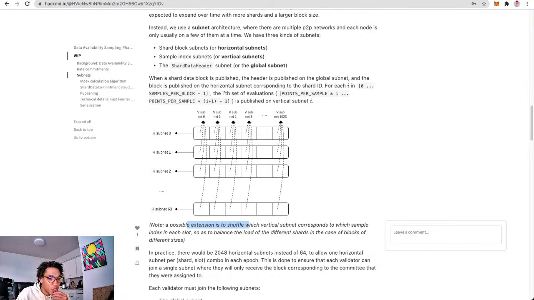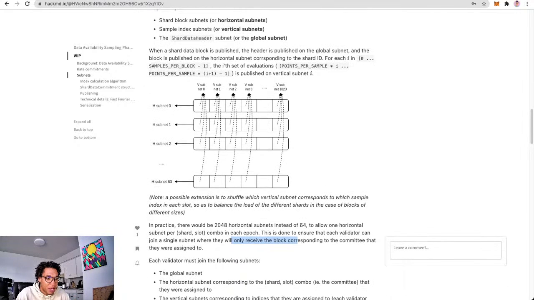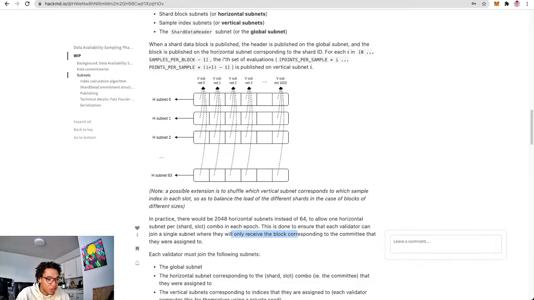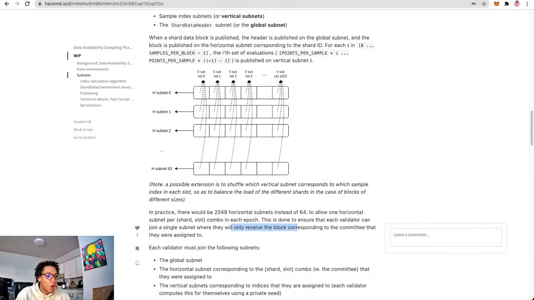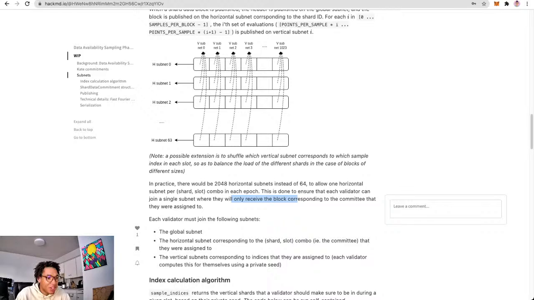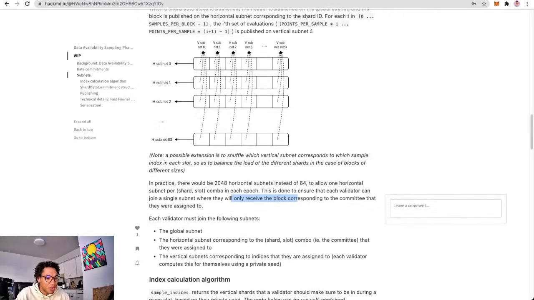This is done to ensure that each validator can join a single subnet where they will only receive the block corresponding to the committee that they were assigned to. Each validator must join the following subnets.